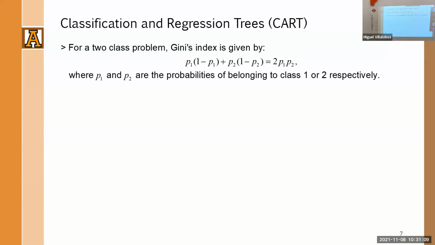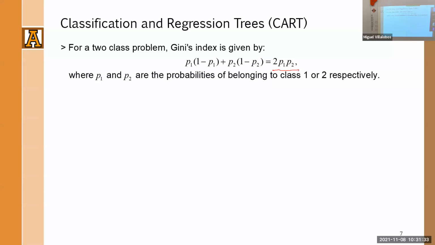Now, for a two-class problem, Gini's index is given by, if we have two classes, then we'll have two probabilities. P1 is the probability of success, and then P2 would be 1 minus P1, the probability of failure. And Gini's index is essentially 2 times P1 times P2.